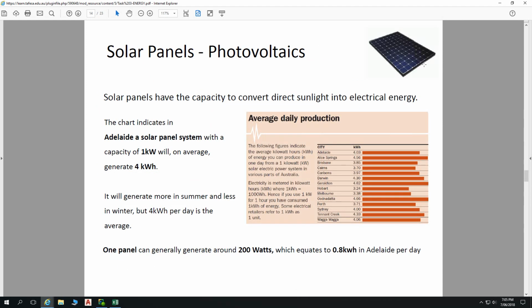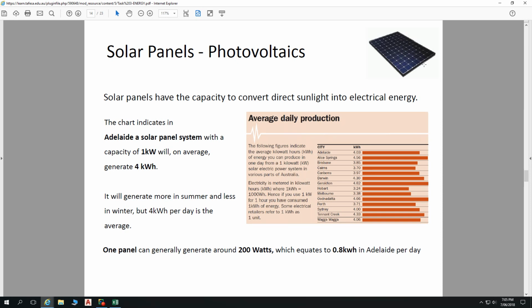So just some background on the efficiency of solar panels. Solar panels' output is expressed in kilowatts, so you have kilowatt systems, but depending on the location of that system, you don't get efficient production of energy output from that system.